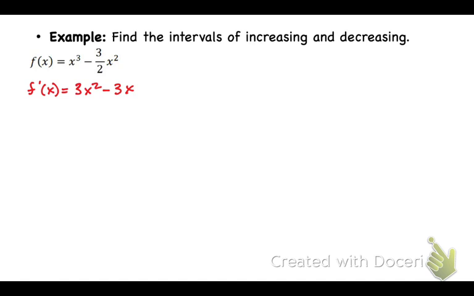Do you have 3x squared minus 3x? Okay, so we need to set this equal to 0. I would assume you're factoring out a 3x. So you have x minus 1. So x equals what and what?